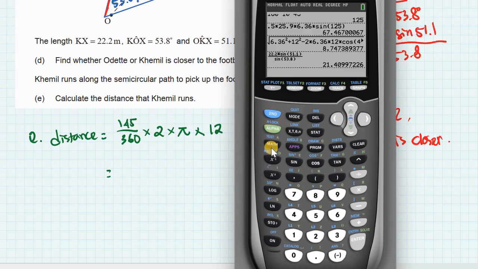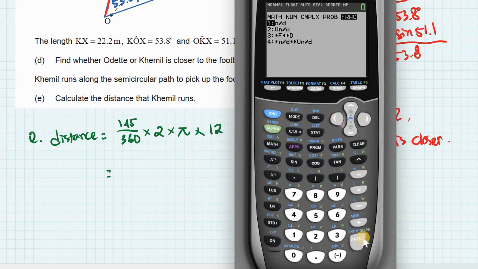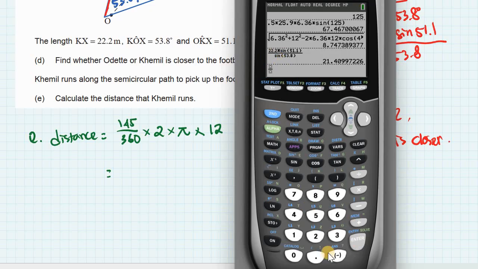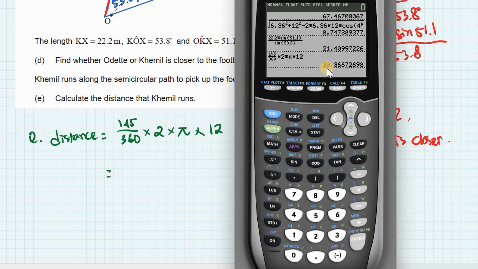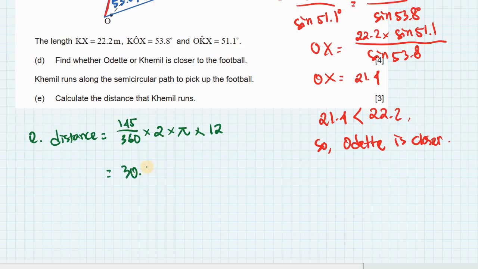We have math. This is an older version. 145 divided by 360 times 2 times pi times the radius 12. Enter. We have 30.3687.